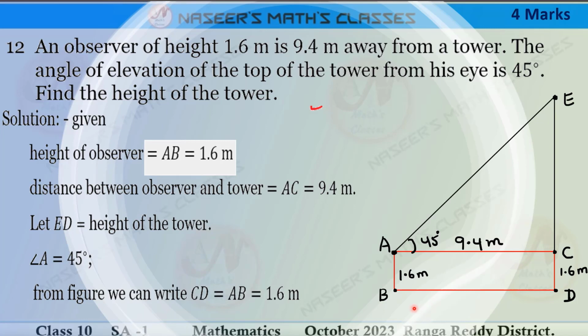So here height of the observer AB is equal to CD is equal to 1.6 meters. And distance between the observer and the tower is 9.4 meters. That is, AC is equal to 9.4 meters. And angle is written as 45 degrees. And from the figure, we can write AB is equal to CD is equal to 1.6 meters.